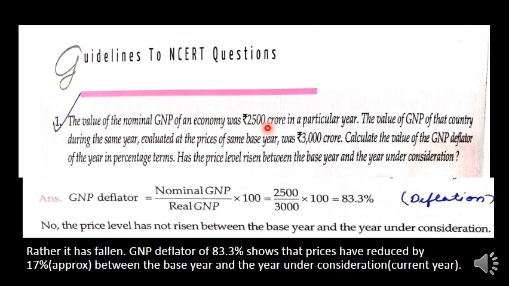The reason being the GNP deflator is less in comparison to the base year index, or in other words, it means the prices of the current year are less in comparison to the prices of goods and services in the base year or previous year, which is taken as the base. So I hope this question is clear to you, and let us go ahead to the next slide.